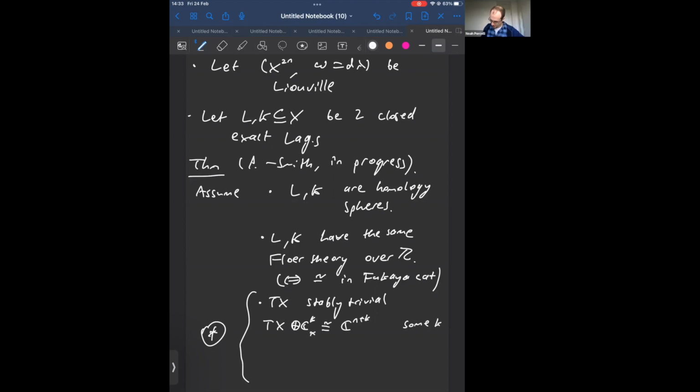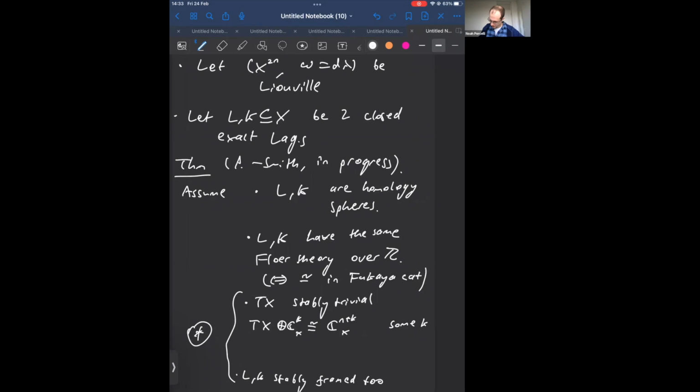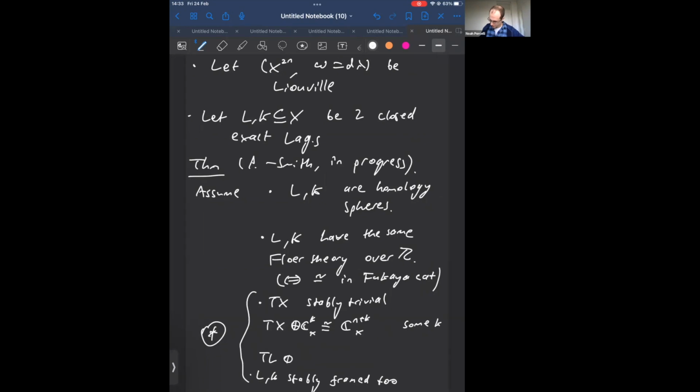These are vector bundles over X. And similarly for L and K, we can't talk about their frame bordism classes if they're not stably framed. So this means I have TL plus R^k isomorphic to R^(n+k).